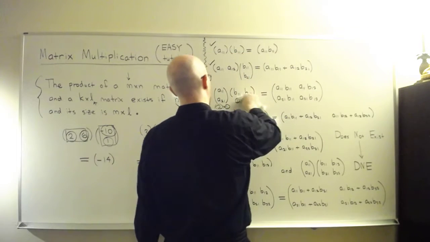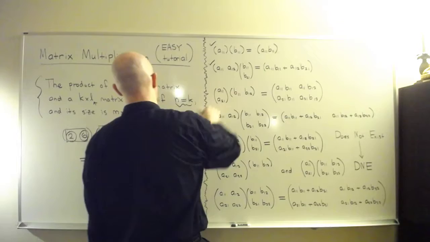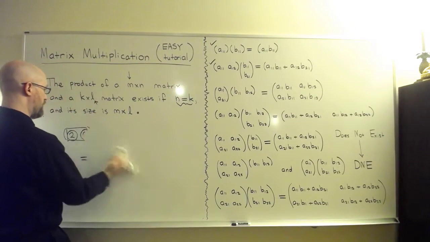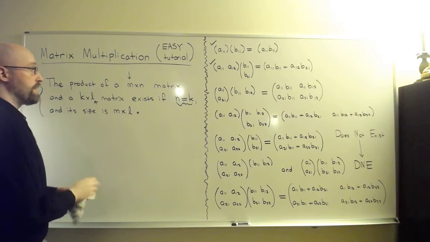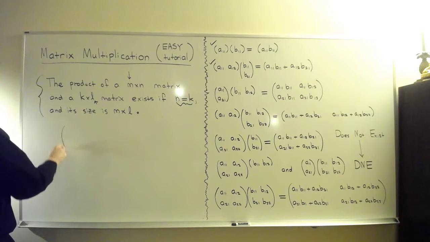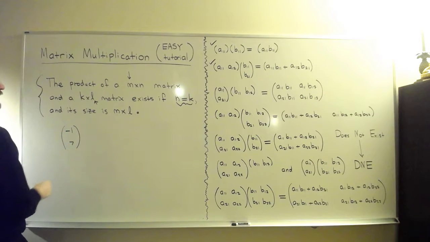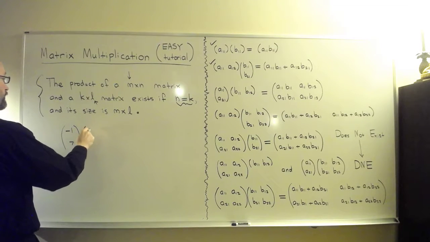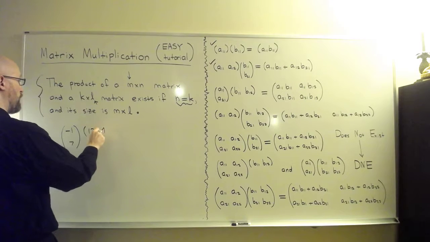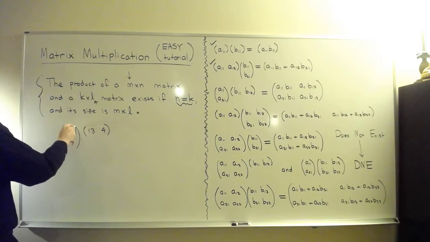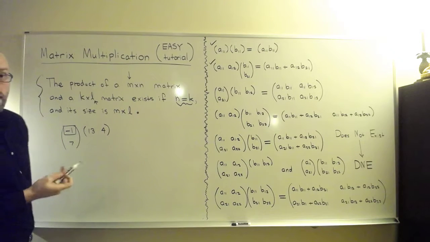Now, the way you would do the mechanics of that is quite familiar. For instance, I could just make up some numbers: -1 and 7 here, 13 and 4 here. I take the first row. Now the row has only one entry, but that's fine.